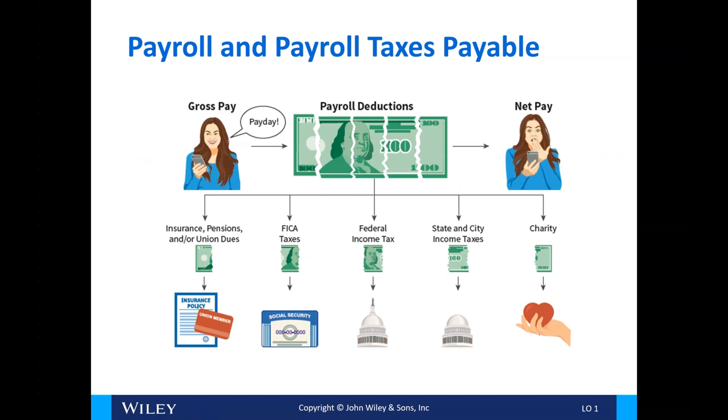Payroll and payroll taxes payable. If you've worked, you know that if they're paying you $20 an hour, you're only going to collect part of that because you have to pay the government their share. You may have deductions for health insurance, or vision insurance, dental insurance. You might contribute to a 401k.